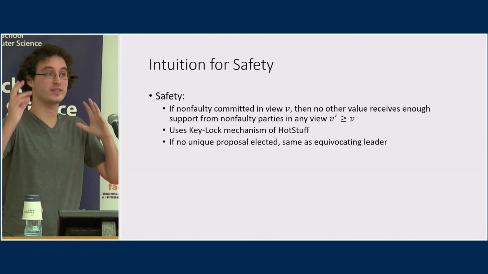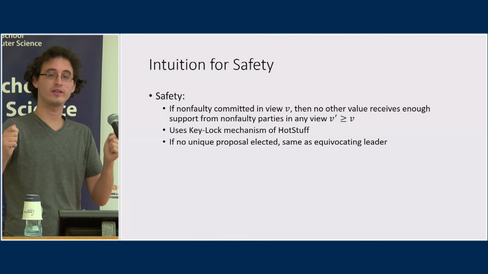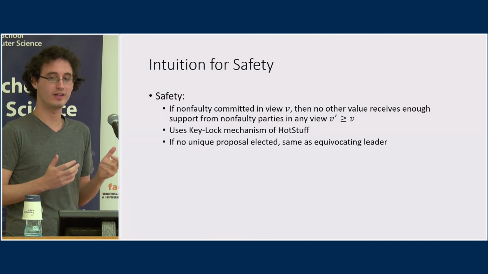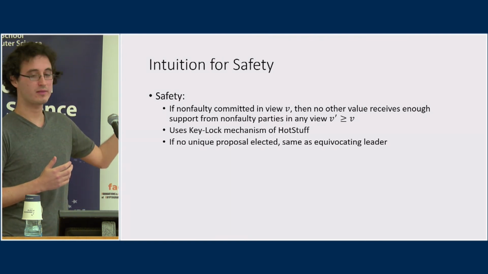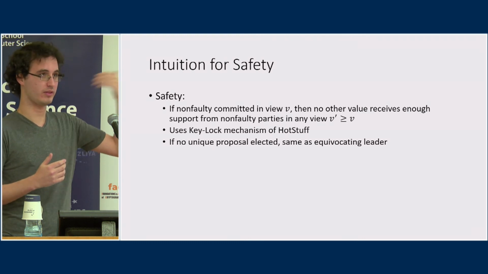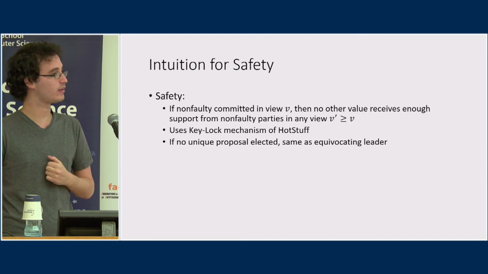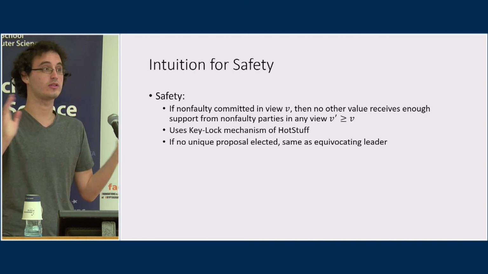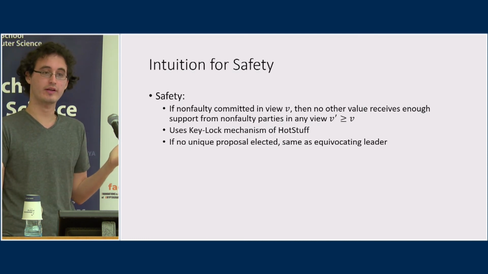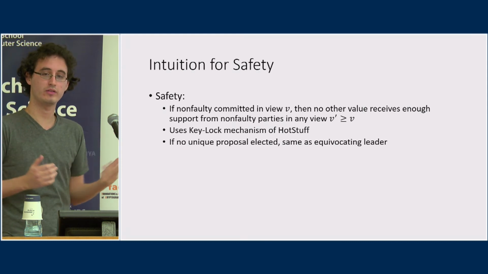We can receive two values from different parties, and that's not something that can happen in HotStuff. But essentially, that's the same as an equivocating leader in regular HotStuff. That's the same as a Byzantine leader sending different values to different parties, and HotStuff knows how to handle that. We have safety in that case as well.